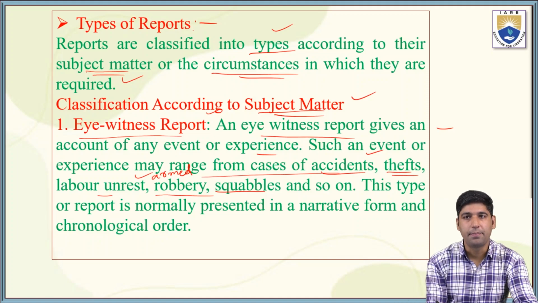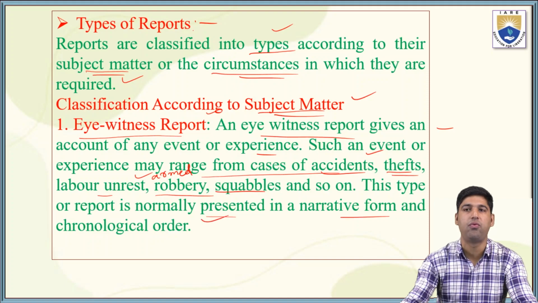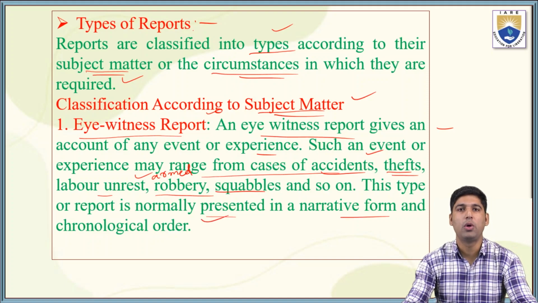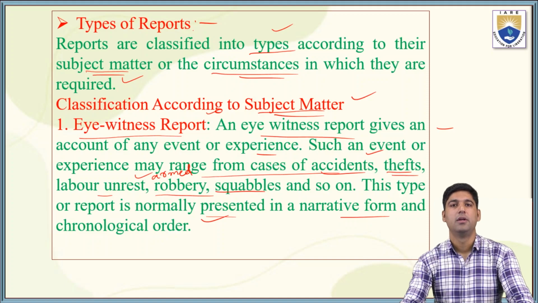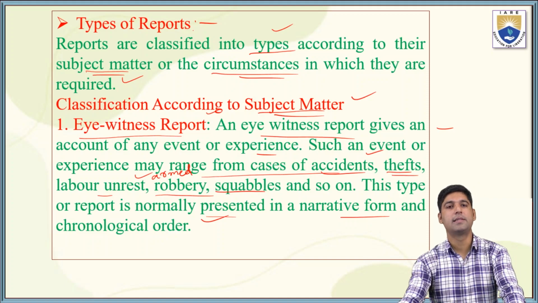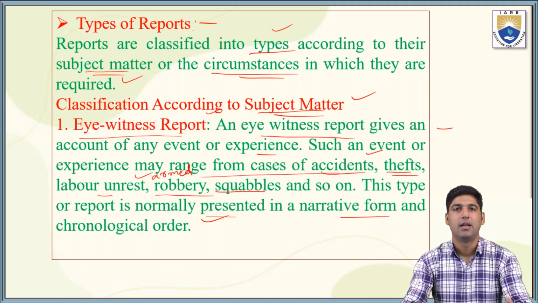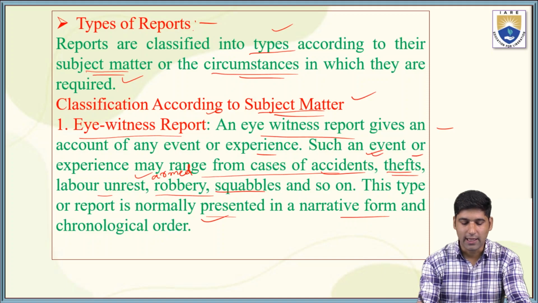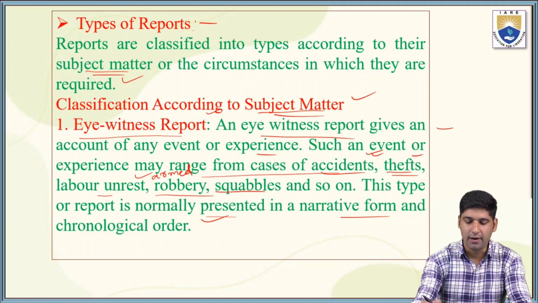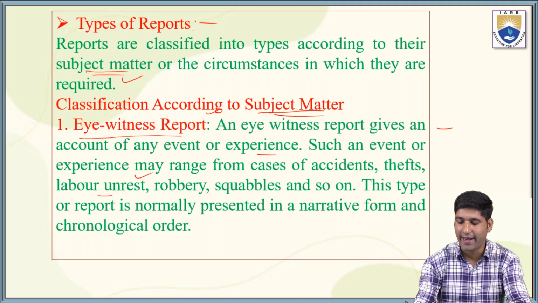This type of report is normally presented in a narrative form, and it follows a chronological order. So eyewitness report deals with incidents or events like accidents, thefts, labor unrest. It talks about robberies, squabbles, fights.